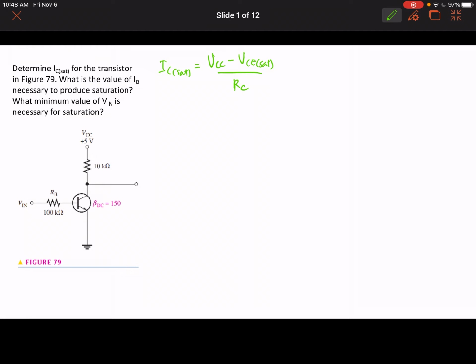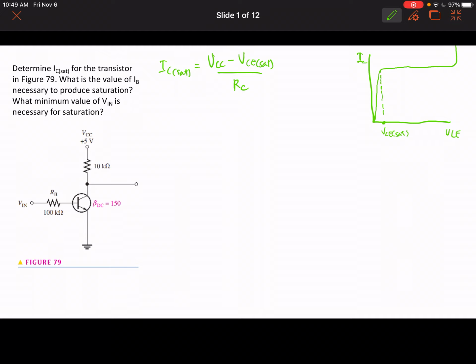If you recall, if we have the IC versus VCE curve, the family of curves rises like this and then sort of flattens out like that and then goes up. So the VCE saturation is this point here. But in this case, the value is not given, so we just set it to 0.